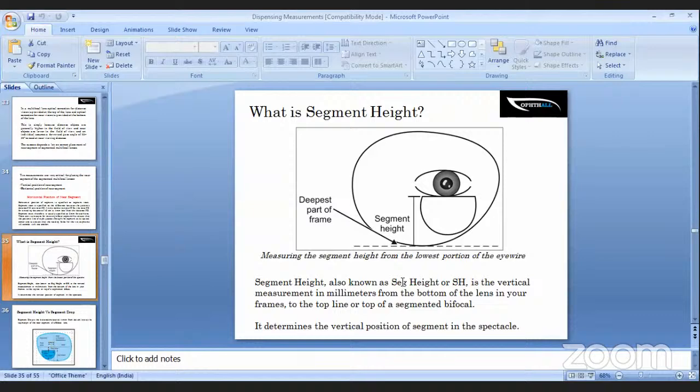It determines the vertical position of the segment in the spectacle. Please try and understand this measurement is taken from the deepest portion of the frame. Although the segment inset is at this position, displaced towards the nose, and the distance from here to the bottom of the rim is a little shorter, the measurement is always taken from the deepest part of the frame.